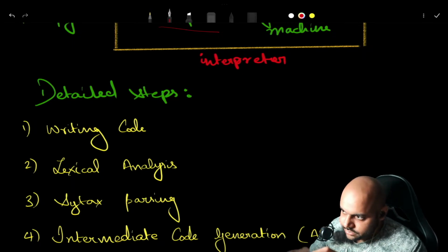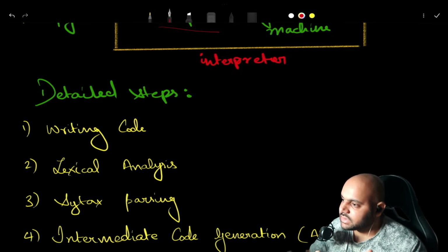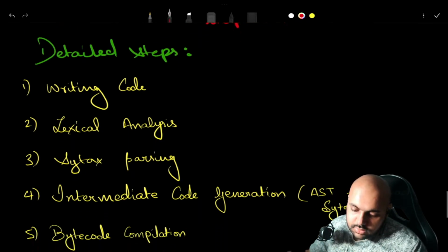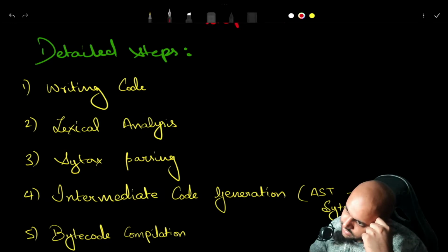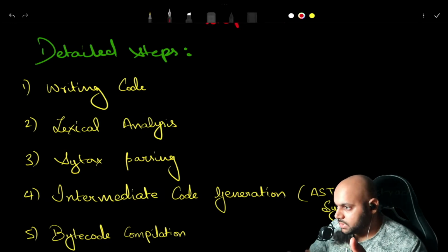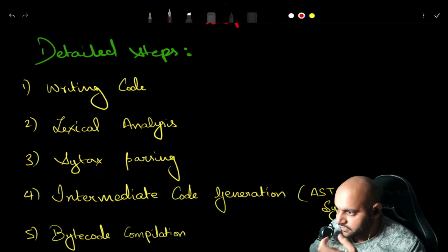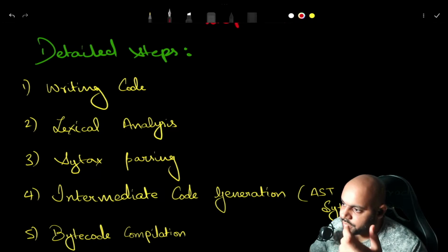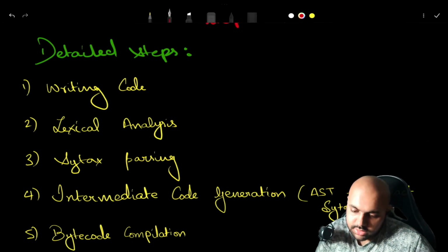Then comes lexical analysis. Lexical analysis is, you run the Python script and then it breaks it into very small parts. These small parts are called tokens. So I'll just simply write it and show you.